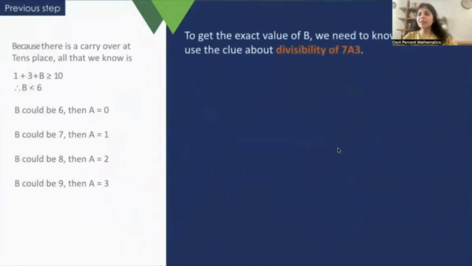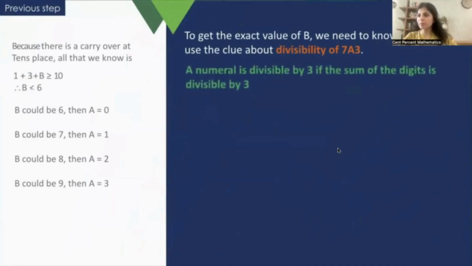Now, to get the exact value of B, because we have 4 possibilities of B, we need to work with the second clue. What is the second clue? It talks about the divisibility of 7A3 by 3. And when is a numeral divisible by 3? It is only if the sum of the digits is divisible by 3.